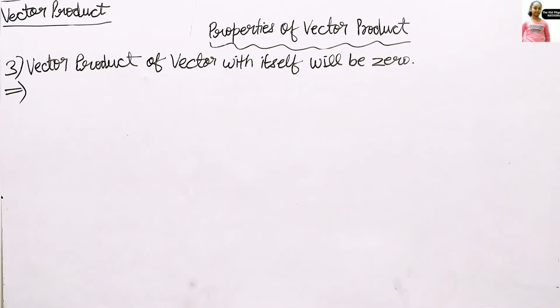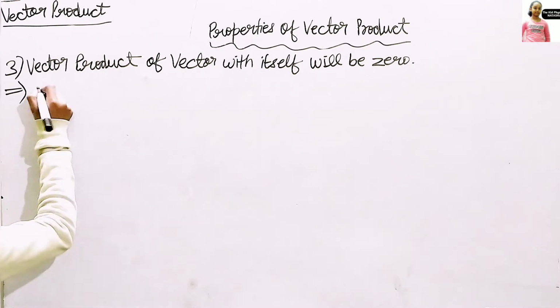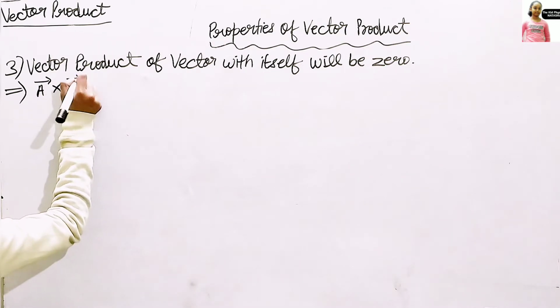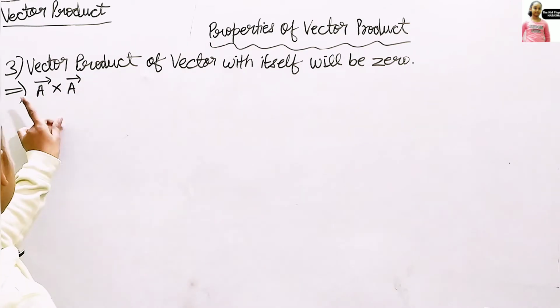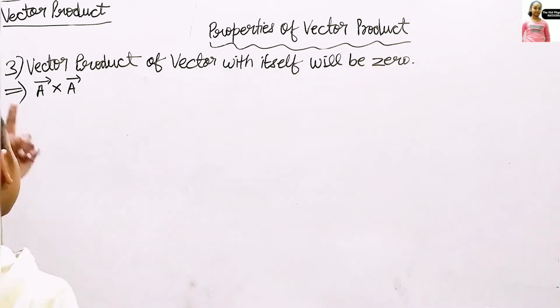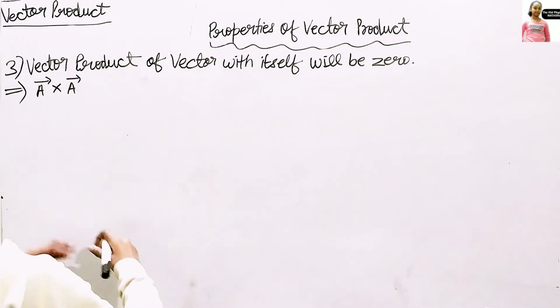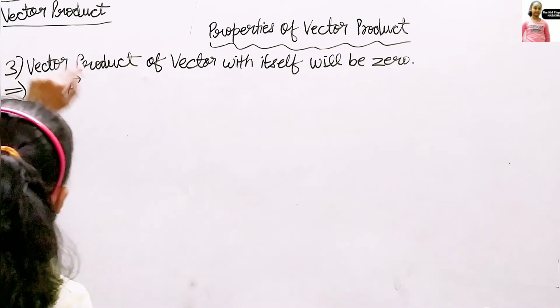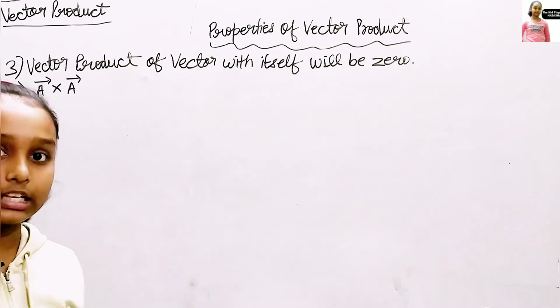Yeah. So let me just tell you how. So let's take vector A. We are going to do the cross product of vector A with itself.